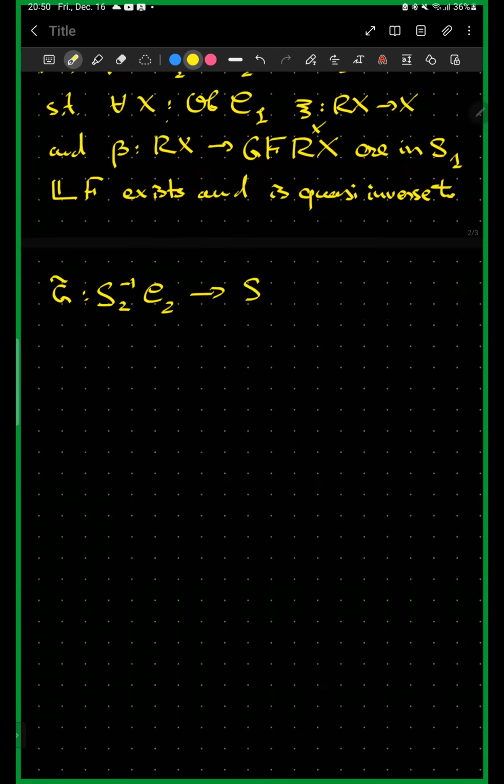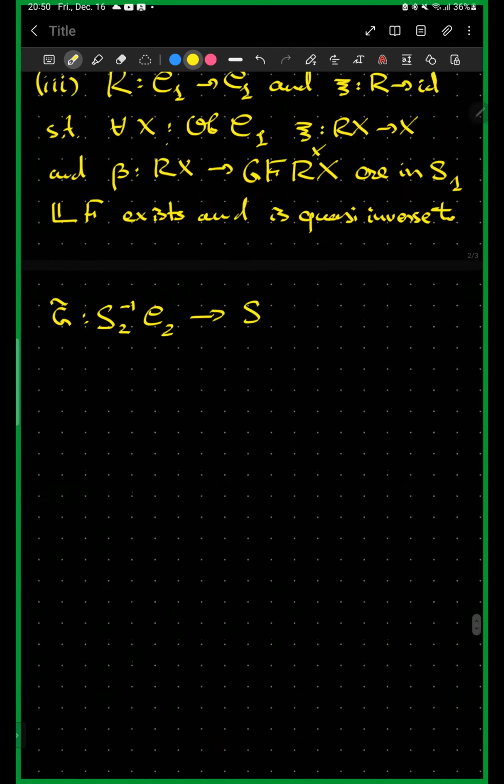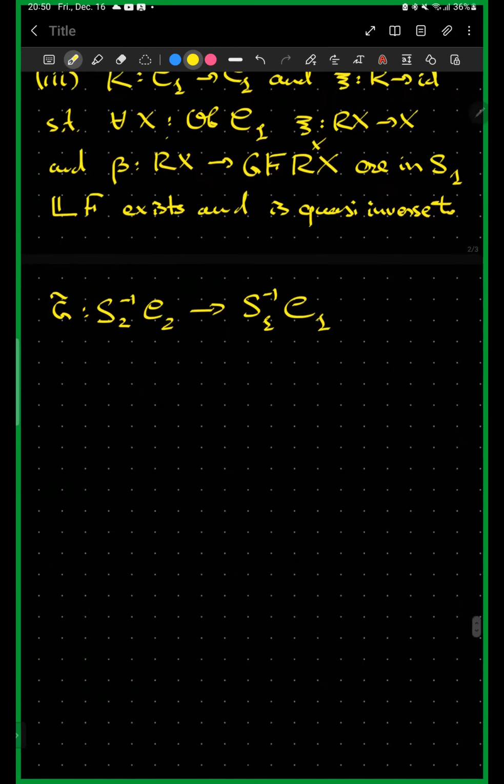So since G reflects weak equivalences, we can take the induced functor on homotopy categories, and we get that the derived functor of F is a quasi-inverse of G tilde, meaning that homotopy categories of C1 and C2 are equivalent.